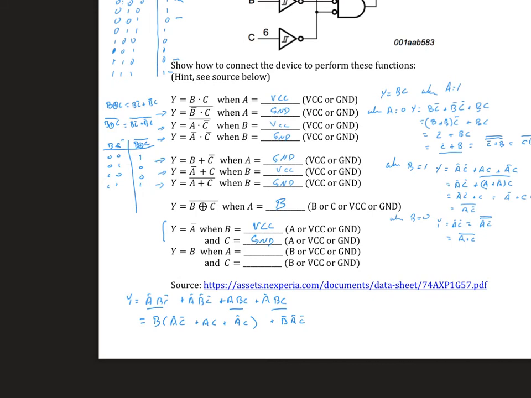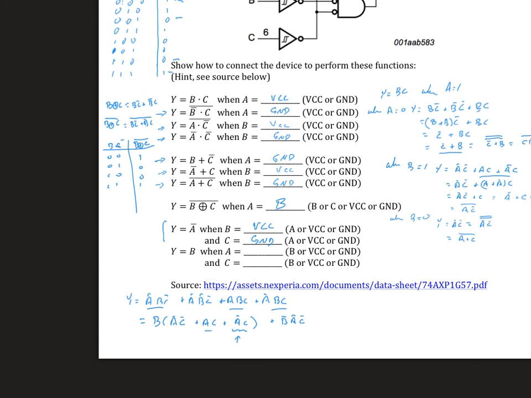So let's see, if we were to do something, for example, if A were high and C were low, then that expression is always 1.